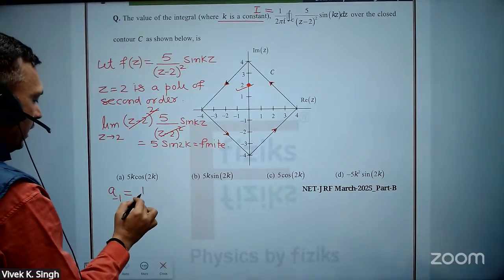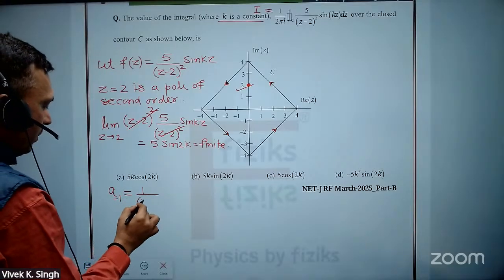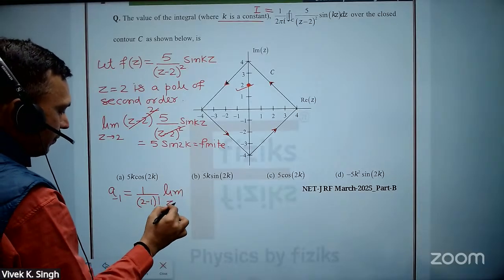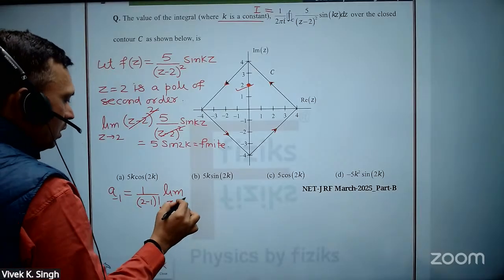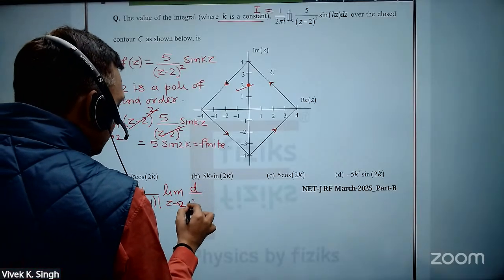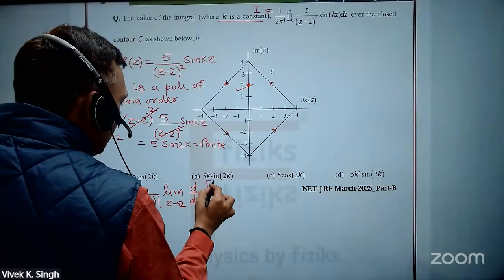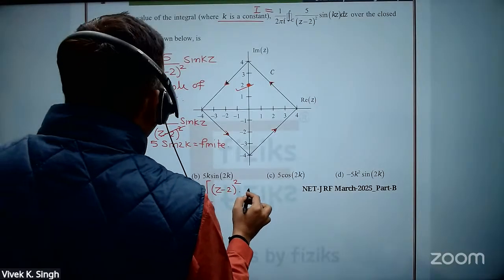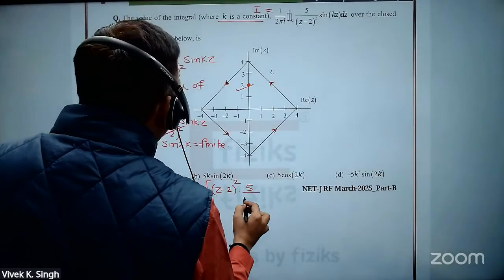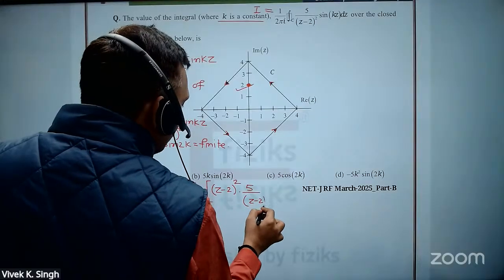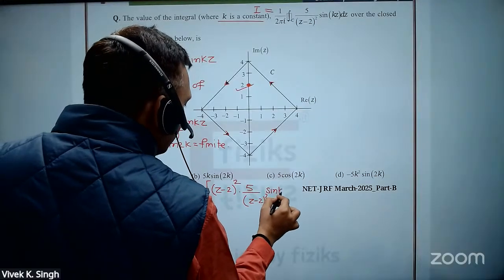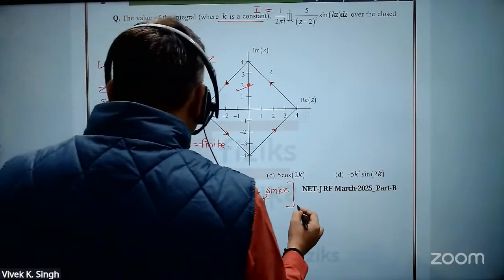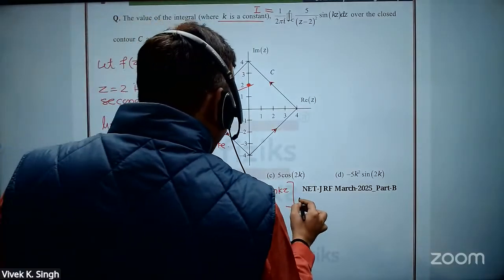This is given by, for order n, here 2 minus 1 factorial, limit z tending to 2, and then you have z minus 2 power 2, and you are getting here 5 by (z minus 2) whole square sine kz. This will cancel out, and if you differentiate it, this will be 1. So what you will get?